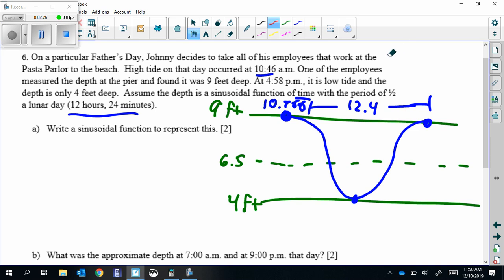The period is always equal to 2 pi over B. So the period, 12.4, is equal to 2 pi over B. Solving for B, you do 2 pi divided by 12.4. And that can reduce. I'm going to keep the decimal in there, but reduce everything by 2. We'll go to pi over 6.2.